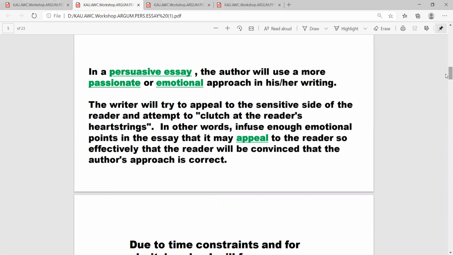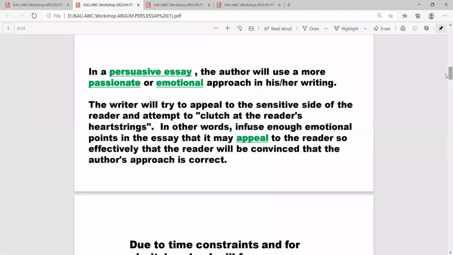Now, you can think very clearly of what type of walks of life or what type of professions involve a persuasive type of speech, persuasive type of writing or essay. Obviously, you can think of politicians, people of a certain faith, trying to convince you with their words that you should do something or that you should agree with them, okay?